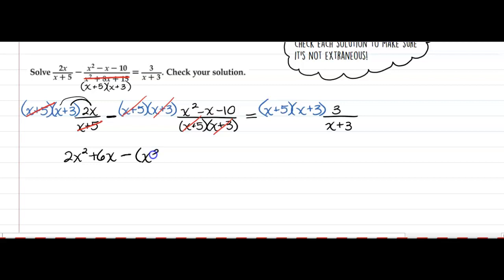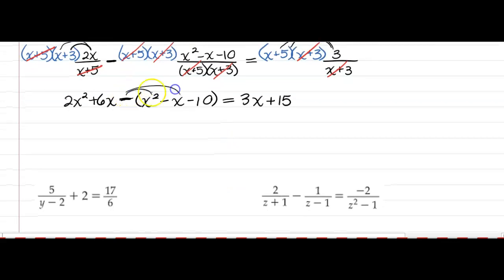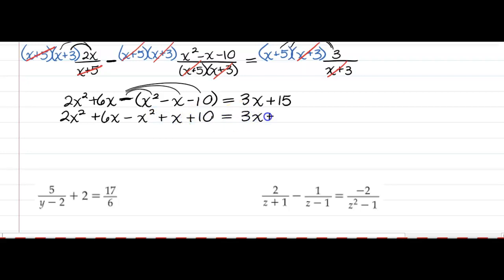I'm going to go ahead and just write it like this, just to make sure we don't mess up our signs. Subtract the entire second piece. And over here, the x plus 3's cancel. And when I distribute, I have 3x plus 15. Now I'm going to distribute this negative throughout the parentheses. 2x squared plus 6x minus x squared, positive x, positive 10, equals 3x plus 15.